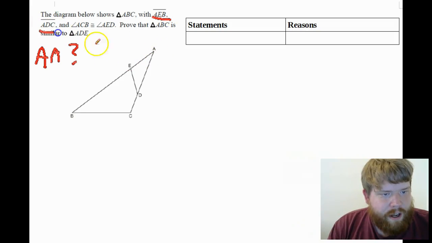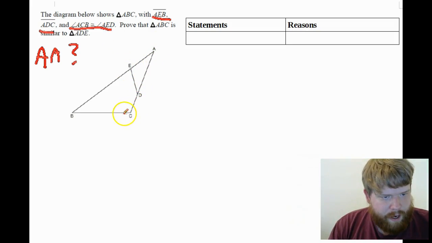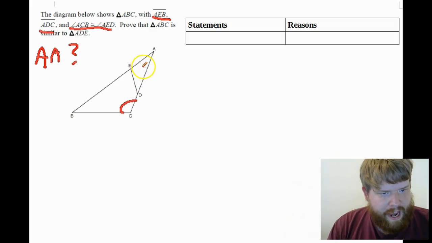So we have AEB all in a straight line. We have ADC all in a straight line. Okay, that makes sense. And we have angle ACB right here, congruent to AED.